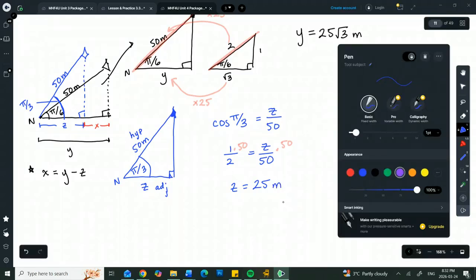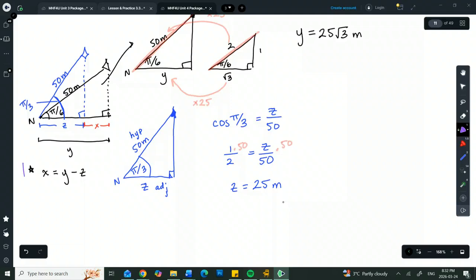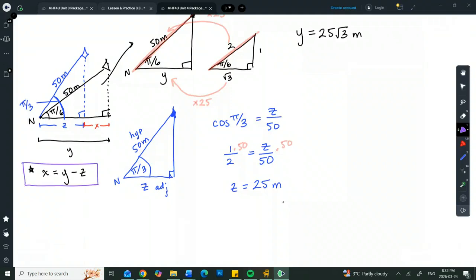Okay, so just as a recap, we were ultimately trying to solve y minus z to get us x. So x equals y minus z. y is 25 root 3 meters minus 25 meters.